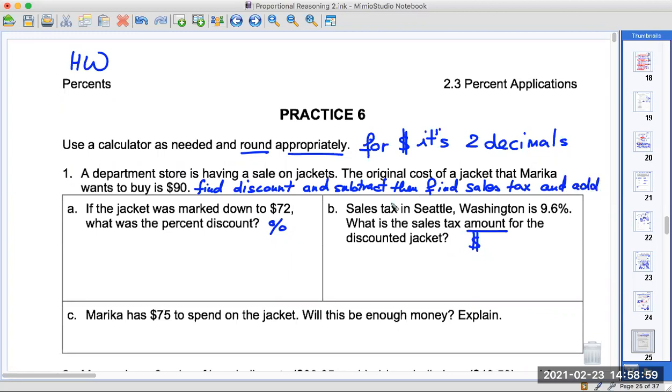So that's the steps for these two questions. Okay, and then the third question is, does she have enough money? If she has $75, will this be enough money? So you've got to work this out first and see how much it costs.